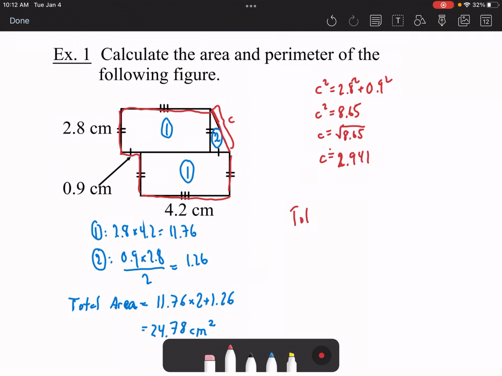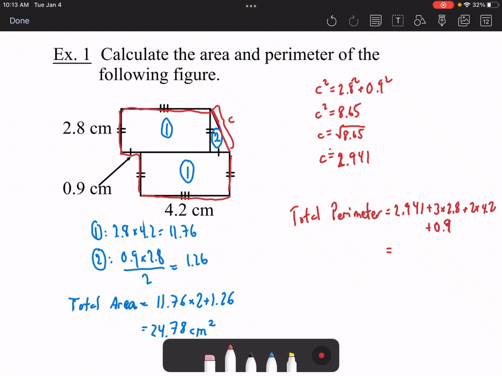So to find my total perimeter, I have to take this value 2.941, add, let's see, I have 3 values of 2.8, I have 2 values of 4.2, and I have 1 0.9.